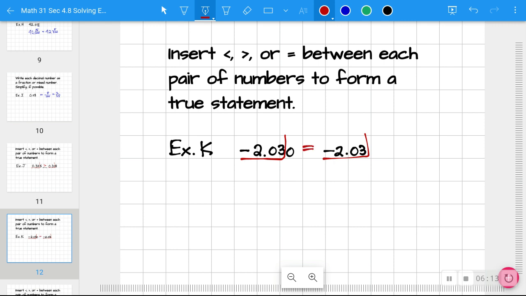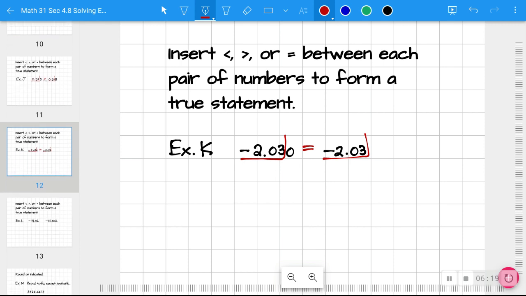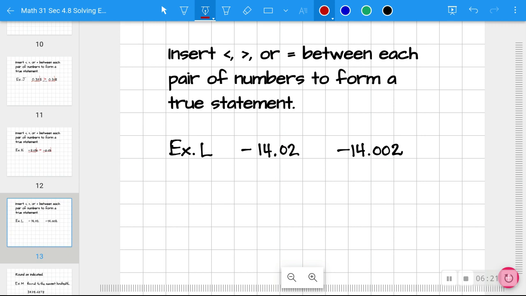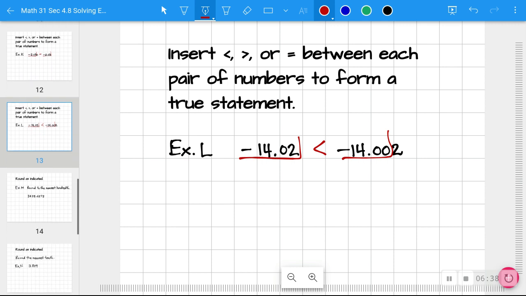Now it's really negative 2.03, but at this stage you can just treat it as if there were no decimal in the problem when you're comparing them. Okay, the first mismatch is in the hundredths column, and negative 1402 is actually less than negative 1400. So think further to the left on a number line.